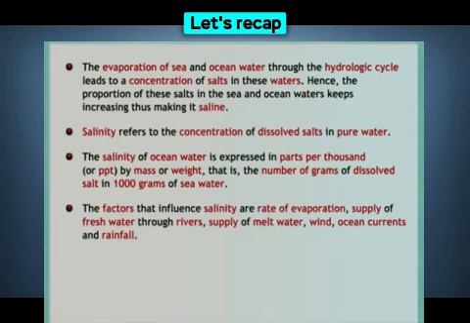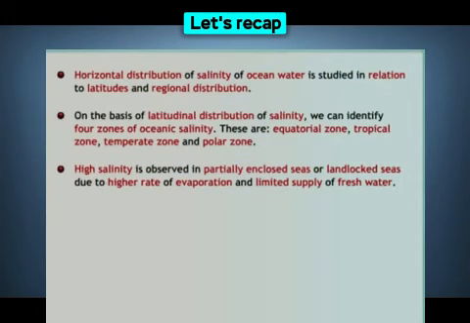The factors that influence salinity are rate of evaporation, supply of fresh water through rivers, supply of melt water, wind, ocean currents and rainfall. Horizontal distribution of salinity of ocean water is studied in relation to latitudes and regional distribution.